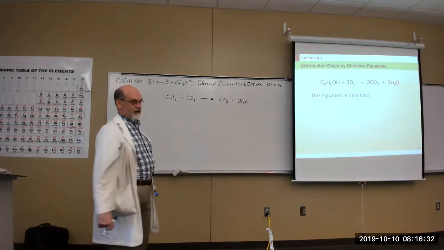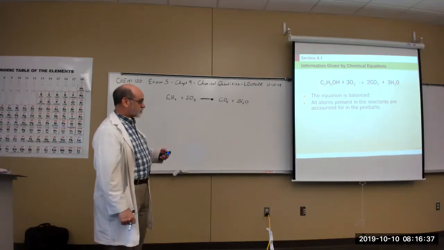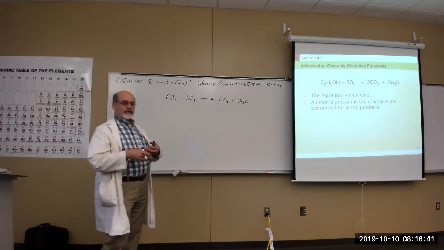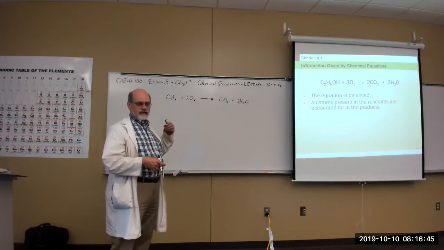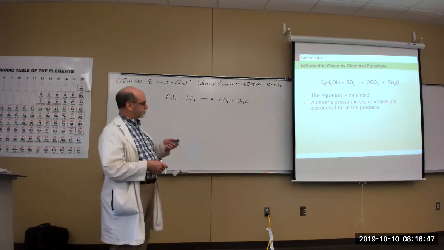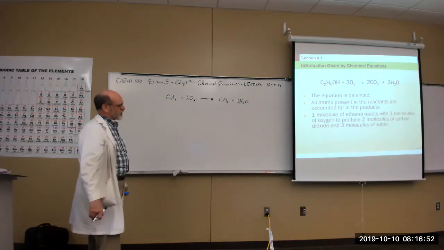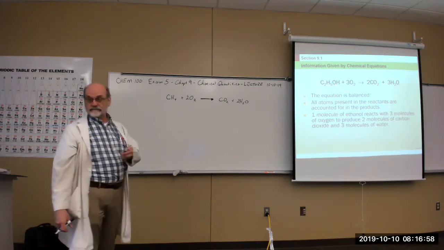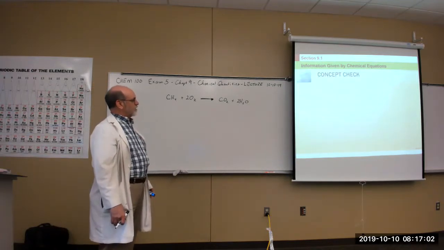This equation is balanced already, which just means, for review, that you have the same number of atoms of each element in the products as in the reactants. Okay. So there's the interpretation. And 1 mole of these, with 3 moles of oxygen, yields 2 moles of carbon dioxide and 3 moles of water.